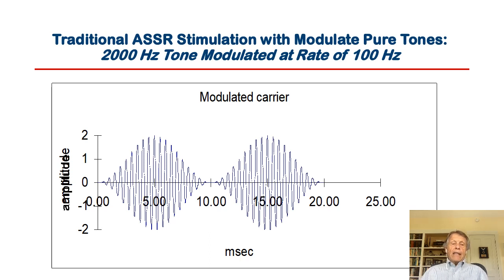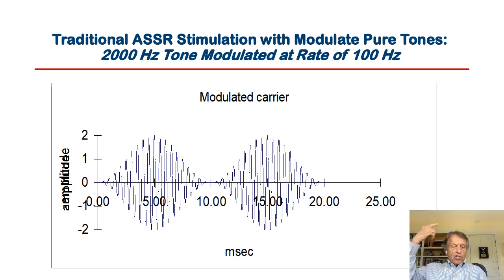So in that child's ear, we've got activation of the 2,000 hertz part of the cochlea, but in their brain, there's energy at 100 hertz, 100 times per second. This amplitude is being modulated. Now, the brain doesn't normally have energy at 100 hertz. The normal EEG in a person is somewhere between 0 and 30 hertz.